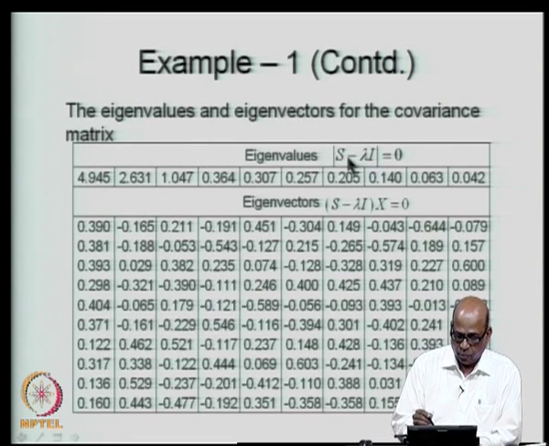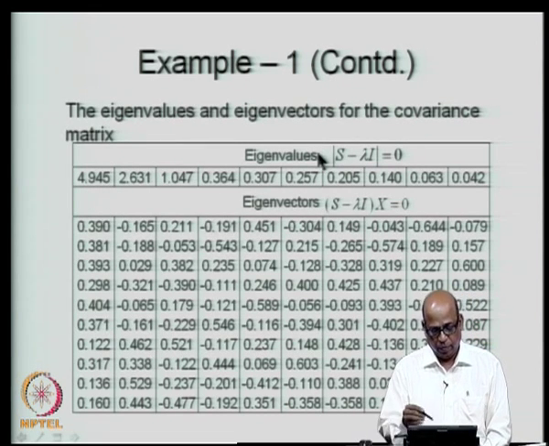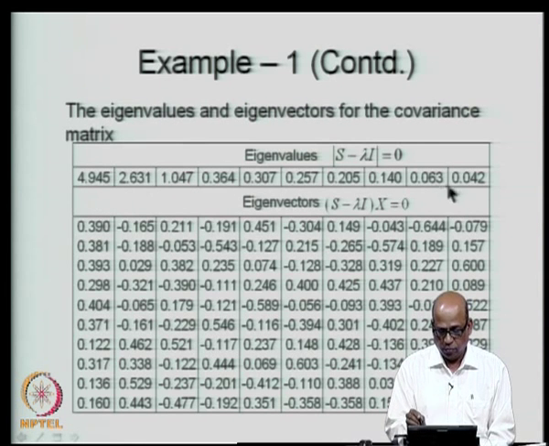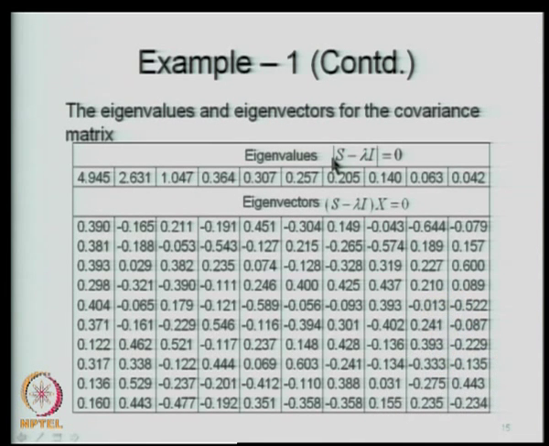The eigenvalues are obtained by setting the determinant of S minus lambda I equal to 0 and then obtaining lambdas. S is a 10 by 10 matrix and therefore, I will get 10 lambda values. This is obtained from the MATLAB routine. We get the eigenvalues as 4.95, 945 and so on. So, there are 10 eigenvalues that are obtained for the covariance matrix.